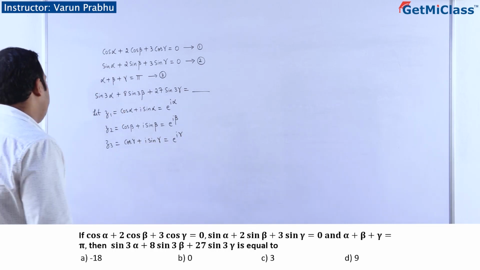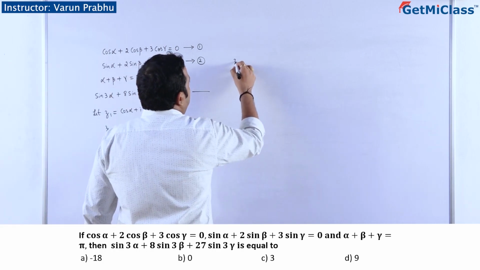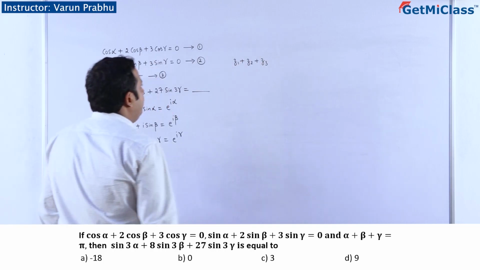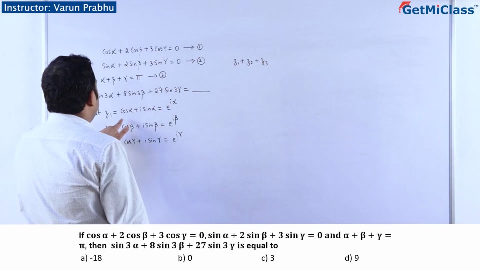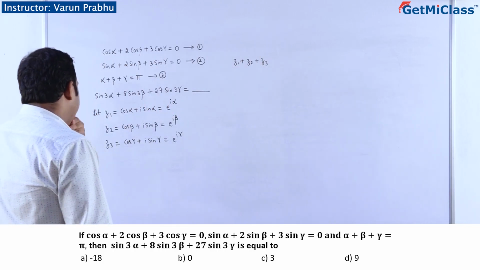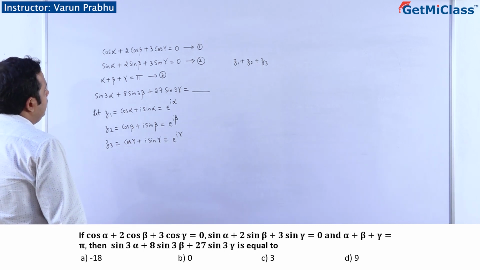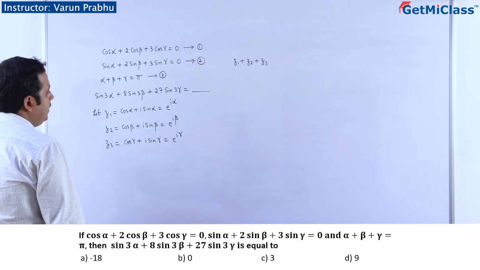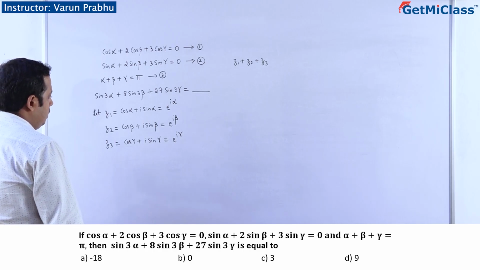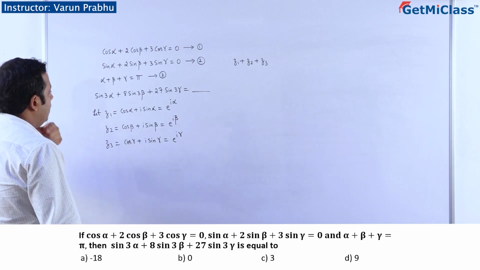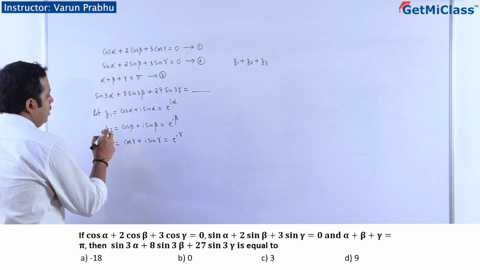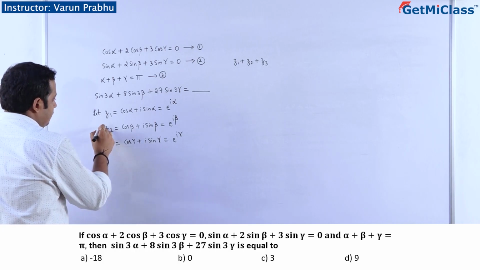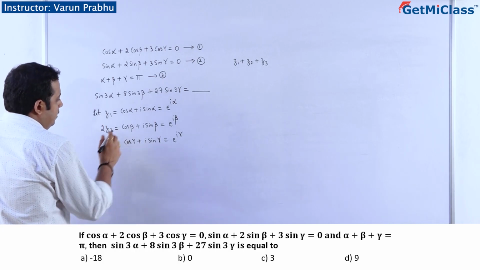Now, what is the value of z1 plus z2 plus z3? It will form cos alpha plus cos beta plus cos gamma. We see this is nothing but 2z2 and 3z3.